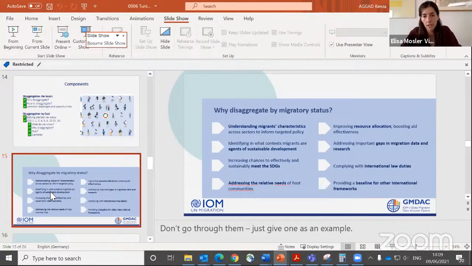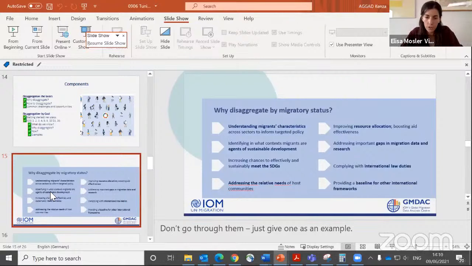Another key reason is that this can also improve resource allocation and be more effective in terms of aid money or money spent. So if we think about policy being more targeted, and for example, a nutrition campaign being able to more efficiently reach migrants who have poorer outcomes compared to natives for hunger, of course, the effectiveness of this program will increase if the targeting is effective.